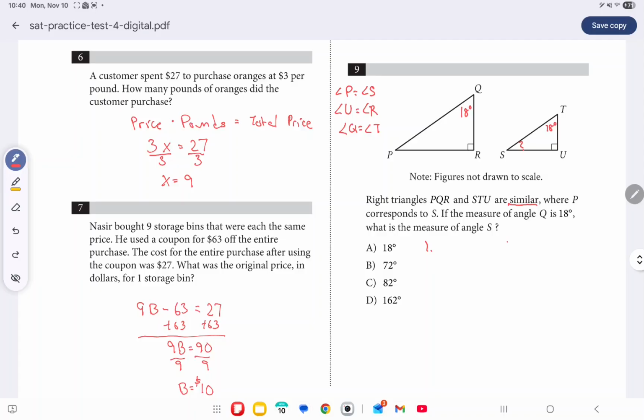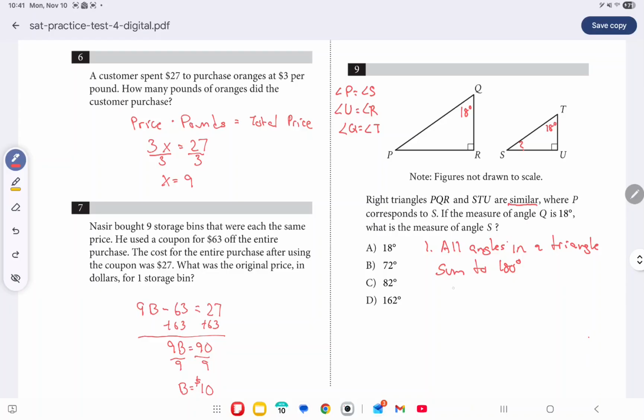And to solve this, there are two rules we could use. Rule one is all angles in a triangle sum to 180 degrees. Okay.